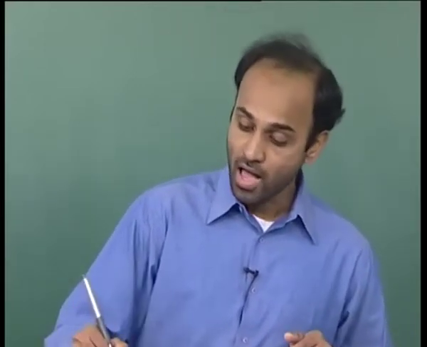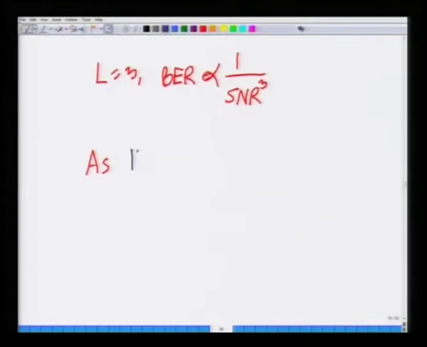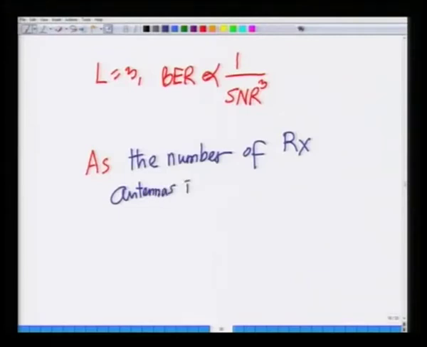So, hence as the number of receive antennas is increasing, the exponent of SNR in the denominator is increasing, right. So, as the number of receive antennas L is increasing, the exponent of SNR in the denominator of the bit error rate, which is 1 over SNR to the power of L, is increasing.